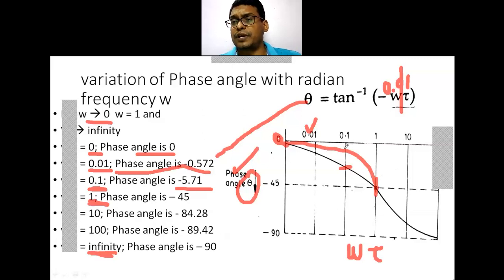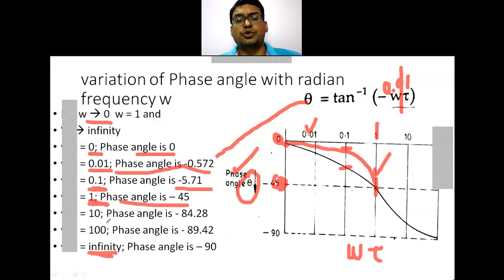Then for omega tau equal to 1, the calculated value of the phase angle is minus 45, so you will get this value for omega tau equal to 1.